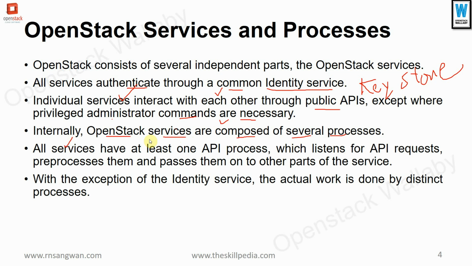All services have at least one API process which listens for API requests, pre-processes them, and passes them on to other parts of the service. With the exception of the identity service, the actual work is done by distinct processes for the given service.